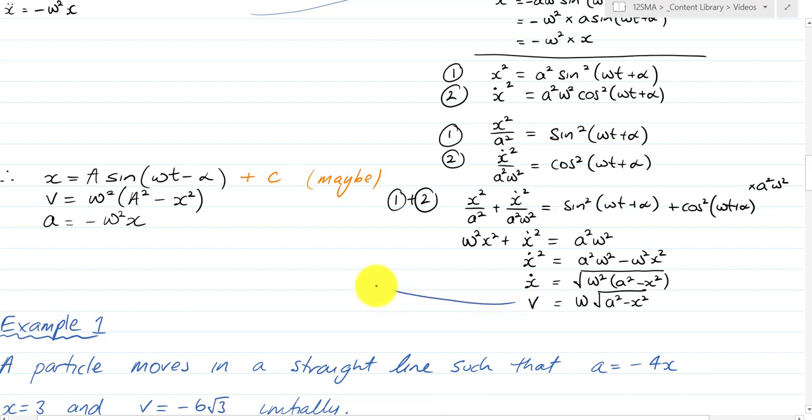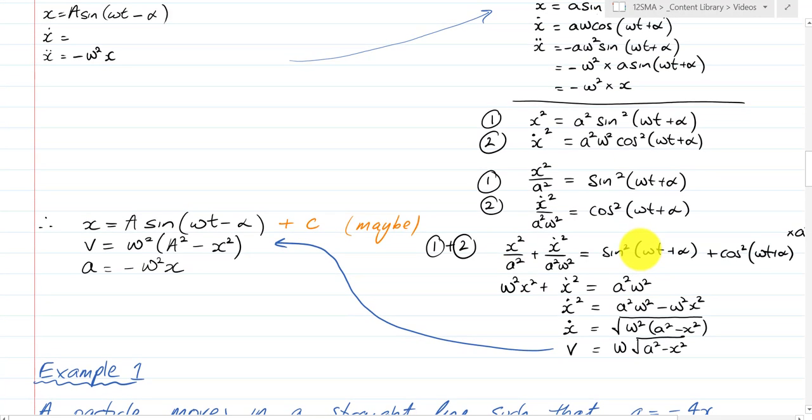I can write that up here as well. We've got a capital A instead of a little a, so we'll make that change. x dot, which is velocity, is equal to omega times the square root of A squared minus x squared, and velocity squared is equal to that squared. Either of those relationships works; they're the same relationship, one with the square root.